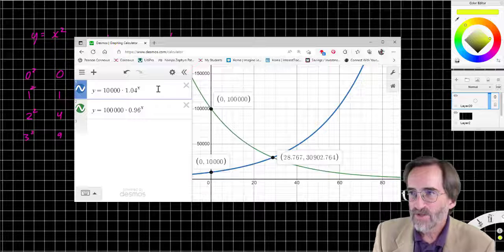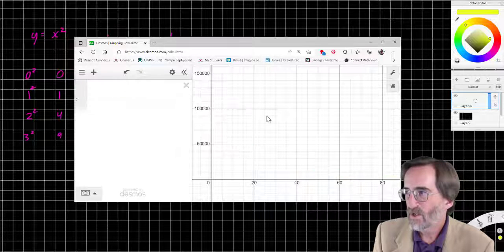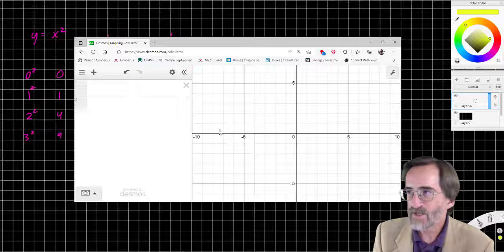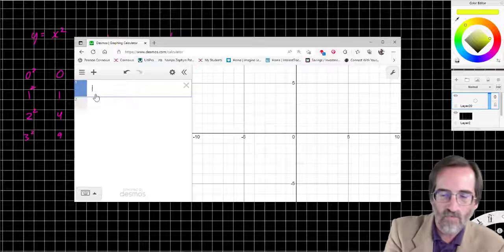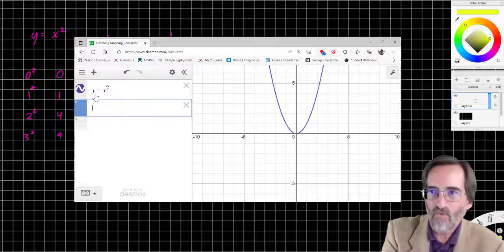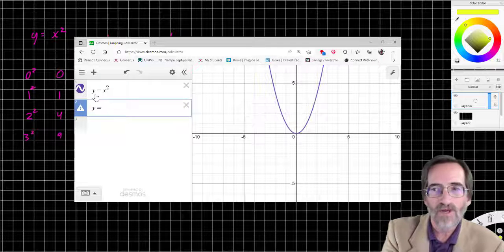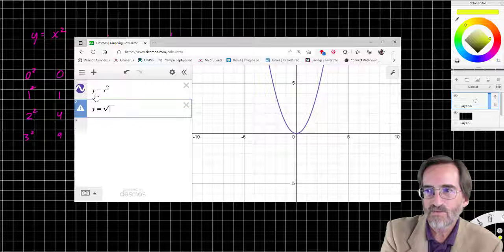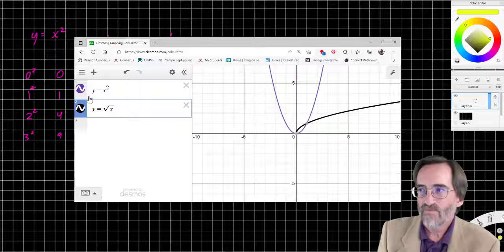All right, so Desmos. If I graph y equals x squared, we get the parabola. If I graph y equals square root of x, I get that funny looking half parabola shape.